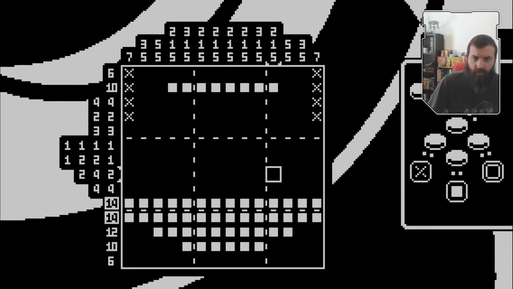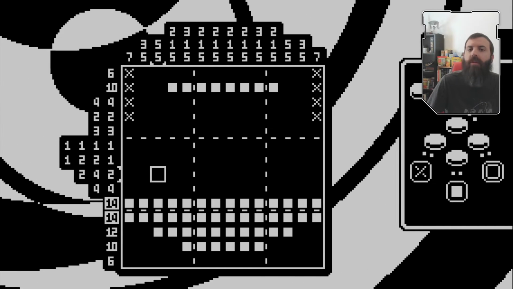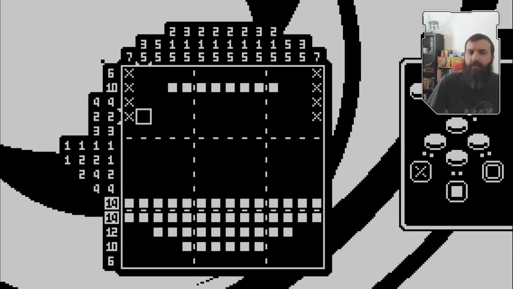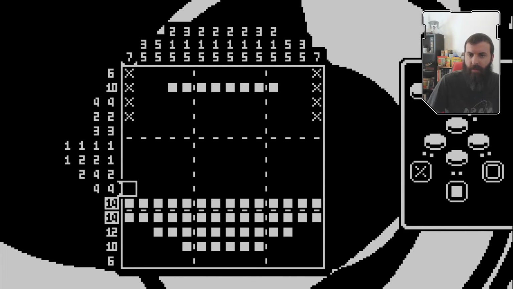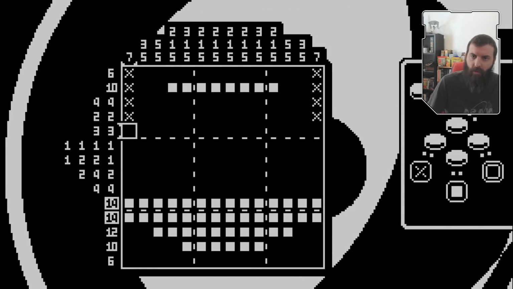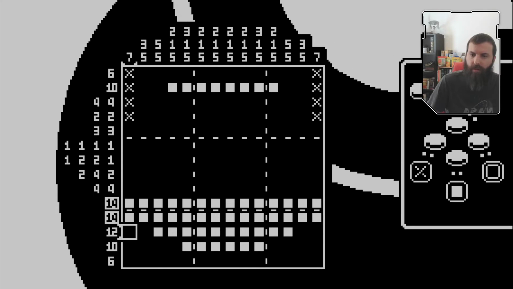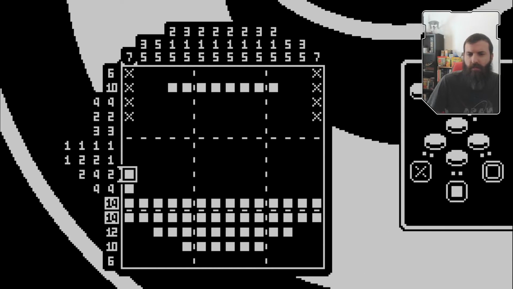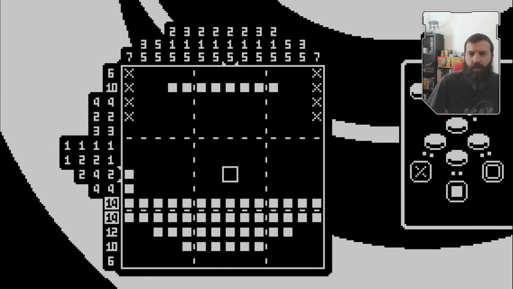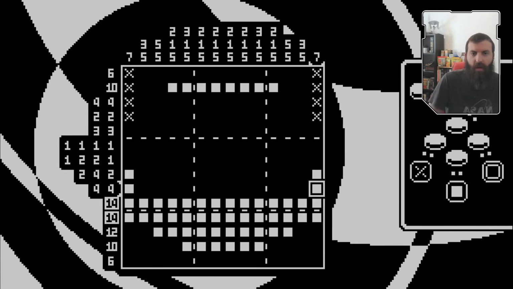Alright. That fills that in, but before we go ham on this, let's extrapolate a little bit more. So, the 7 couldn't reach up to here, but 1, 2, 3, 4, 5, 6, 7. 7 has to fill those in, no matter what.